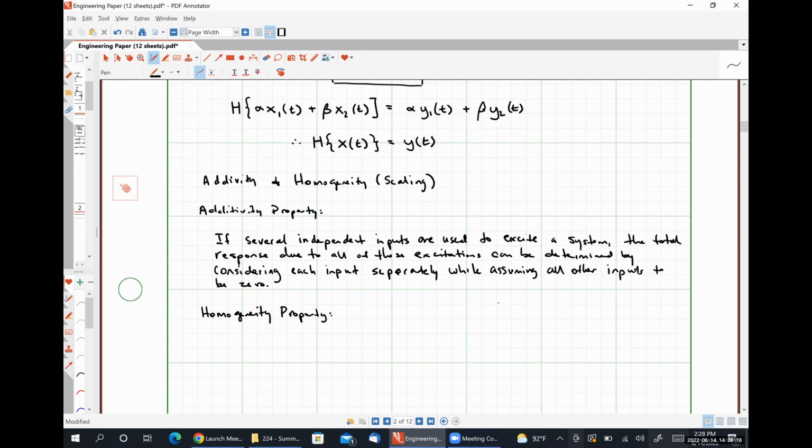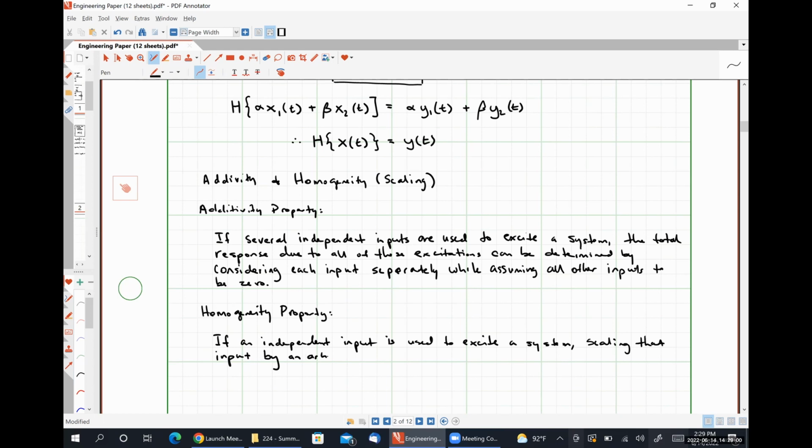The homogeneity property states if an independent input is used to excite a system, scaling that input by an arbitrary factor of alpha, where in this case, alpha is literally just any non-time varying quantity.